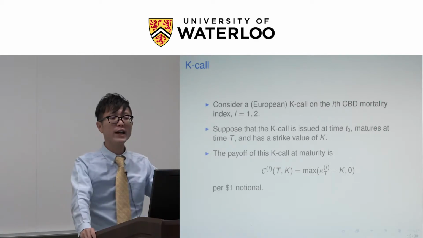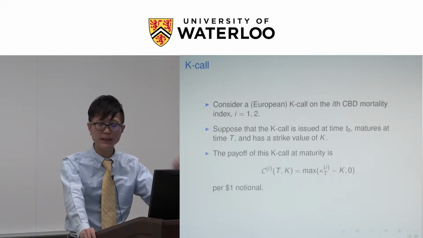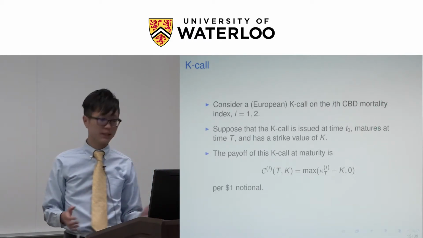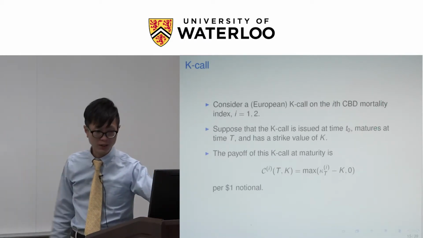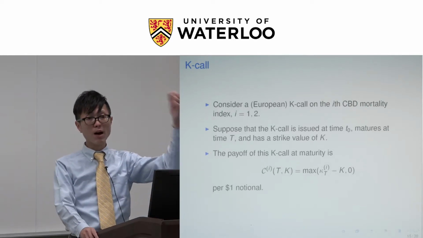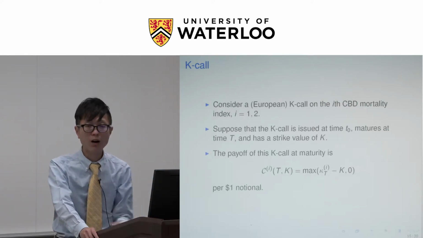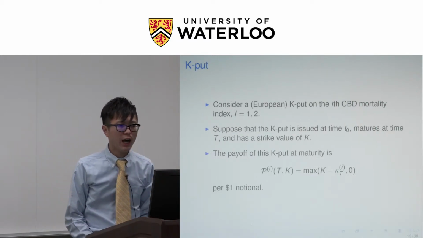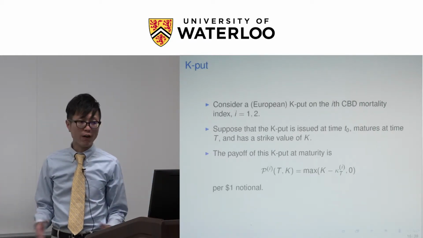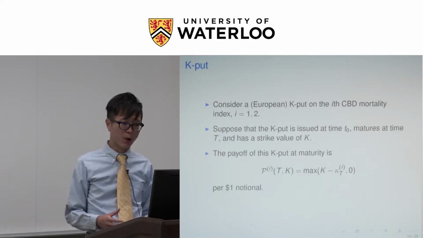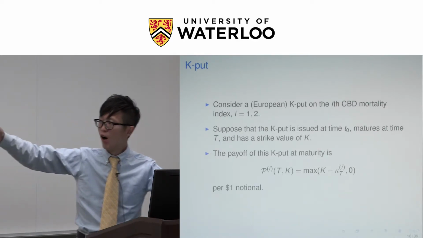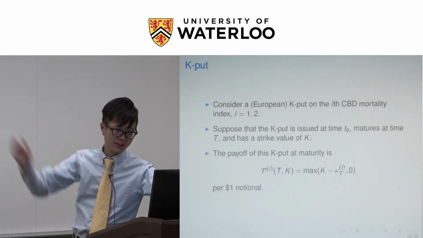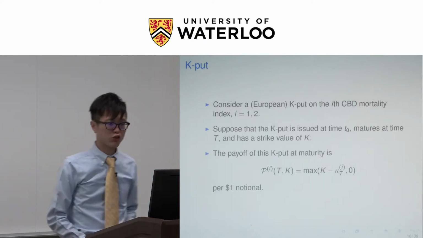For a European K-call on a CBD mortality index, the payoff at maturity is the maximum of these two numbers, the CBD index minus the strike value K, and 0. And likewise, I can define the payoff for a K-put as the maximum of the difference between the strike value and the CBD index, and 0. Pretty straightforward.